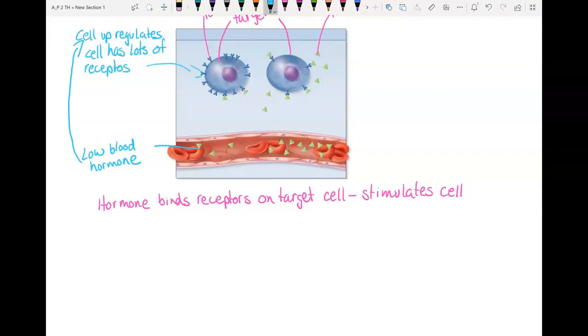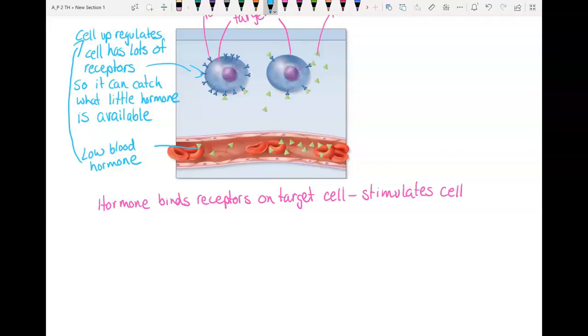As you can see here in this picture, this cell has lots of receptors. It needs lots of receptors so that it has a better chance of catching what little hormone there is available. So low blood hormone level stimulates cells to have more receptors.